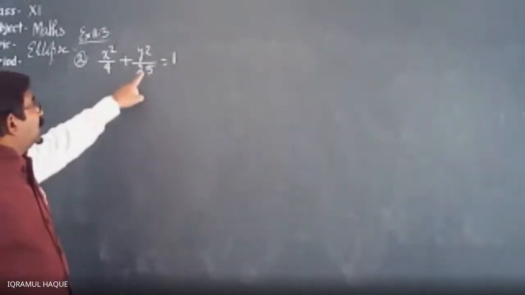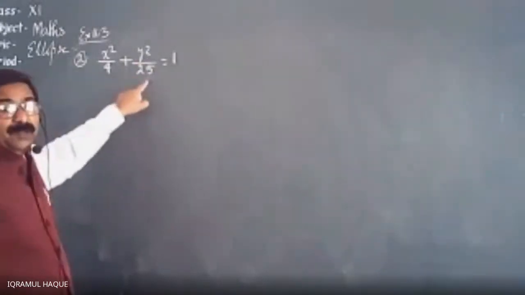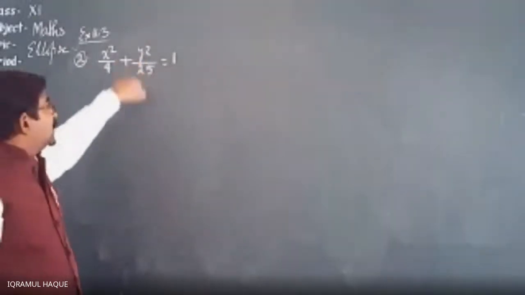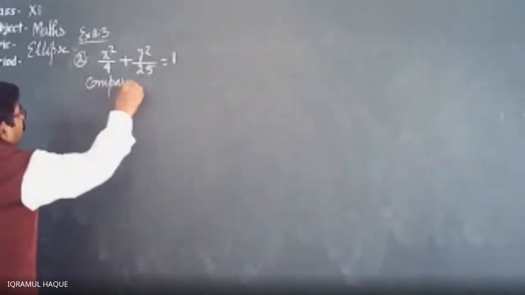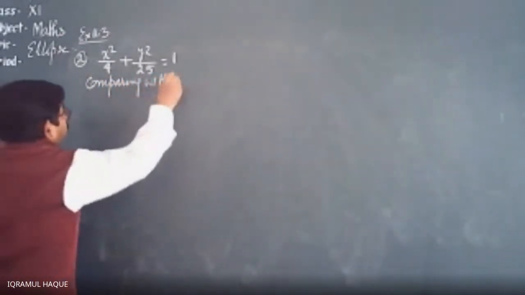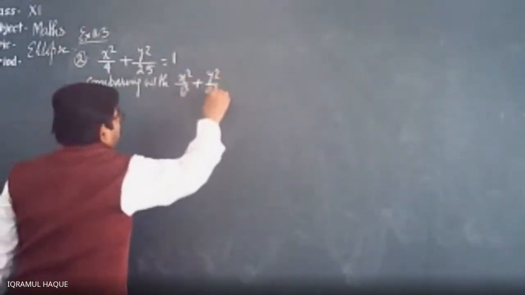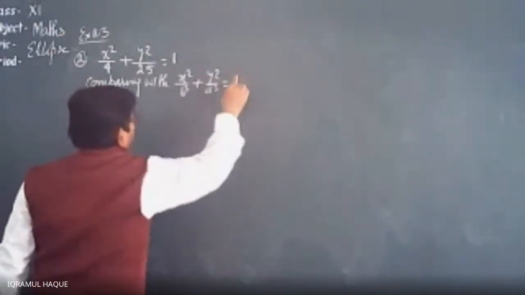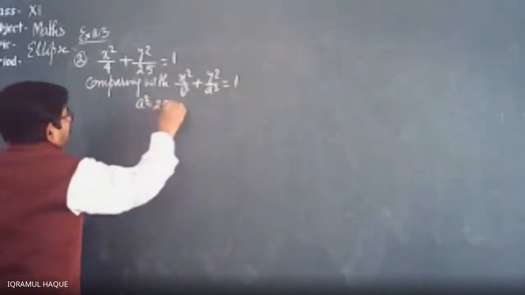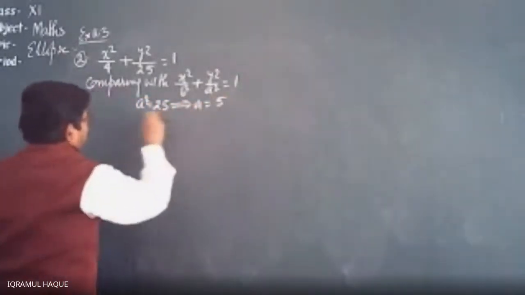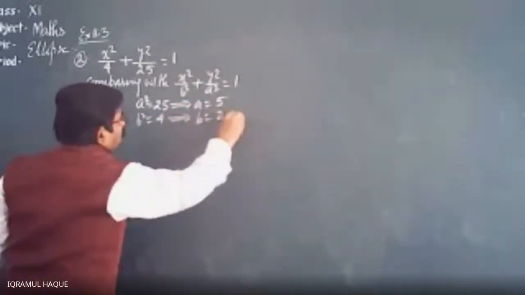Here we have 4 and 25. 25 is more. It means y square upon 25 is the major axis, and the major axis is along the y-axis. So, comparing with x square upon b square plus y square upon a square is equal to 1, we have a square is equal to 25, so a is equal to 5. b square is equal to 4, so b is equal to 2.